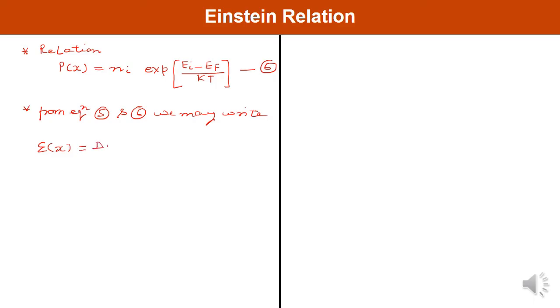This is D_p upon mu p into, just you are substituting the value of p(x) from equation number 6 into equation number 5, this term would be 1 upon kT into (d of E_i upon dx minus d of E_F upon dx). Let us say this is equation number 7.